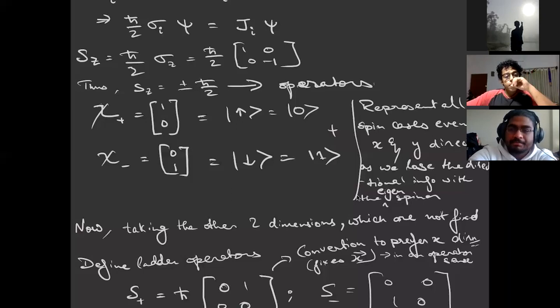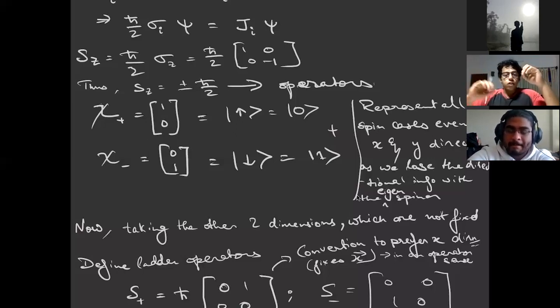Once we start talking about what this could be, supposing I measured a particle and I find its spin to be plus or minus h bar by 2 along a particular direction. This is a fermion, so it has spin half.